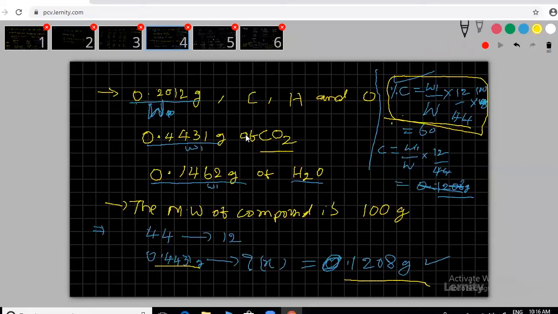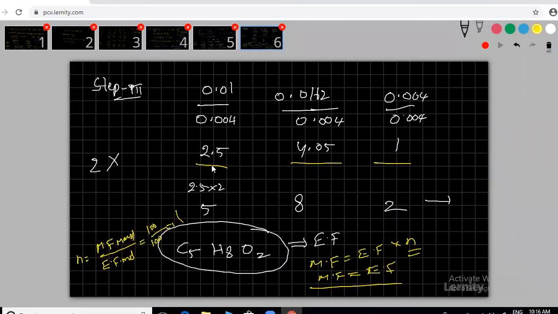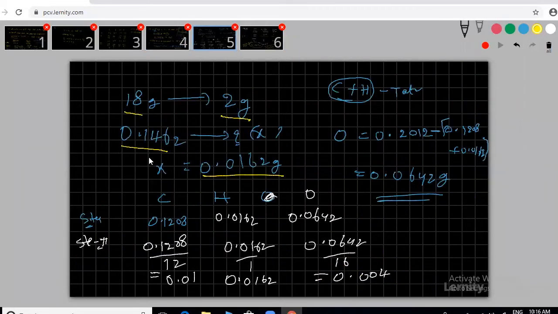Clear? Here I find the carbon weight. Then here I find the hydrogen weight. Then carbon and hydrogen I can subtract from the total weight. Total weight, whatever they have given, 0.20. Then I got the oxygen weight, that is total minus the remaining elements' weight. From the law of conservation of mass, total mass should always be constant.